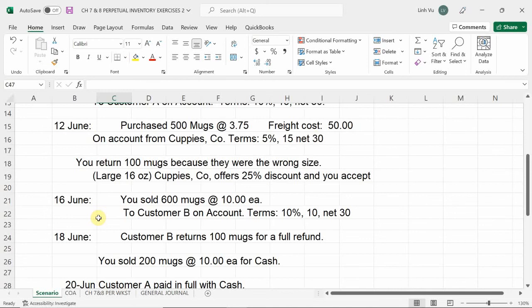It's not a regular discount that anybody can get. So what do we call this when you're trying to return something, but they only give you a portion of the money back? Sales returns and allowances. We never sold to our vendor.